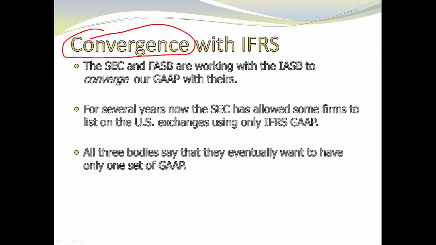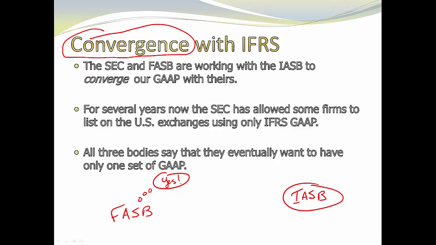All of the bodies ostensibly say, we want this change. So you've got FASB, that's one of the groups, and they're saying, yes, we need to converge. You have IASB, that's the International Accounting Standards Board, and they're saying, yes, we should converge.